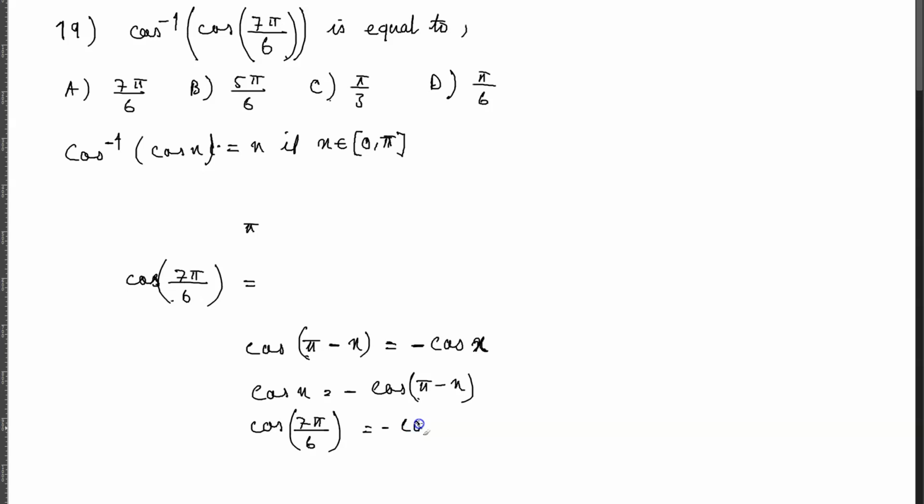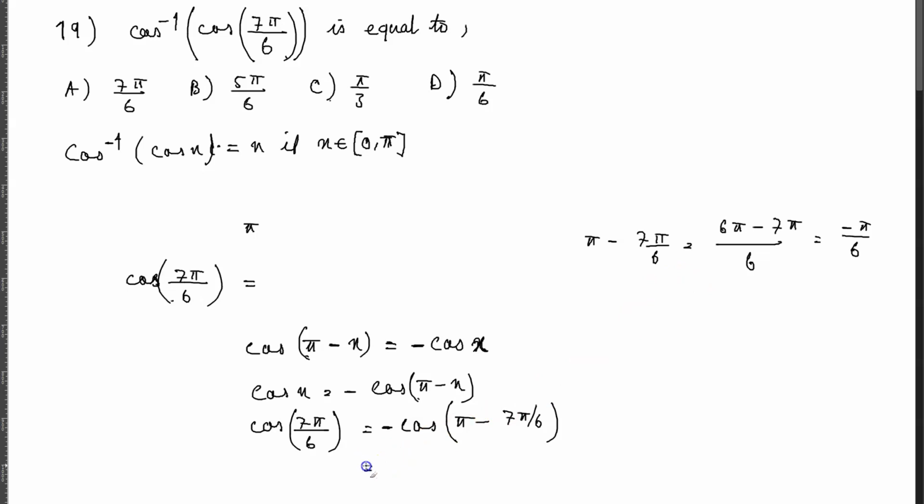And that is equal to the negative of cos of pi minus 7 pi by 6. Now pi minus 7 pi by 6 is equal to 6 pi minus 7 pi over 6, which is equal to negative pi by 6, right? That is negative pi by 6.